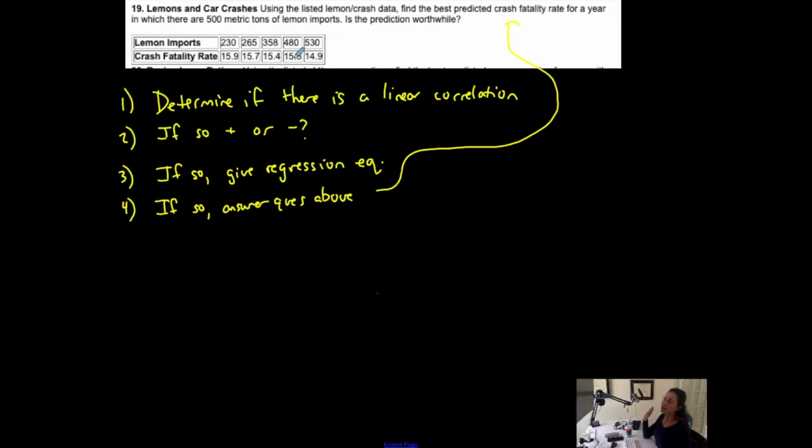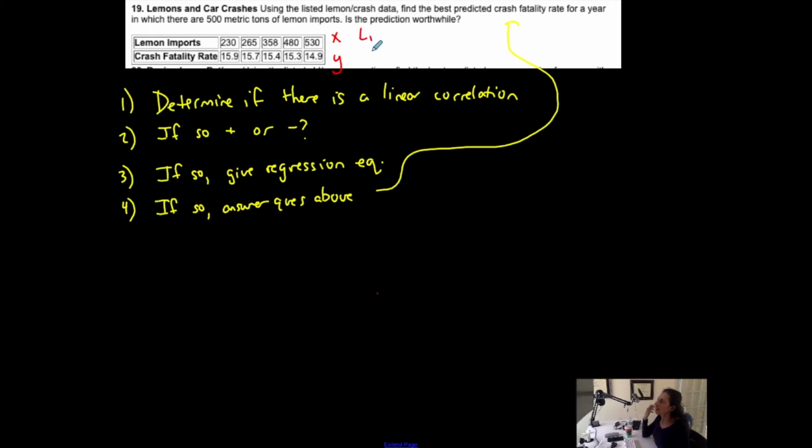For me, I would expect more crashes from cars that are lemons rather than new cars. So I would say that the crash fatality rate would depend on lemon imports. So I would call lemon imports X and crash fatality rate Y.